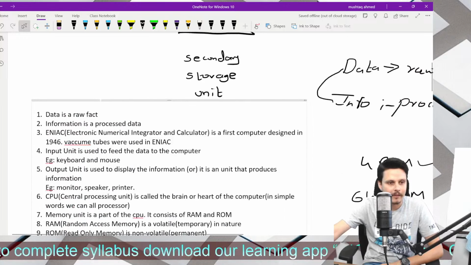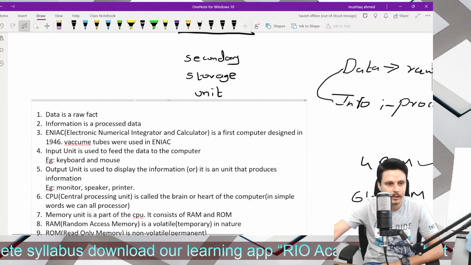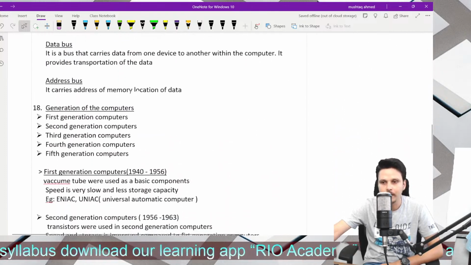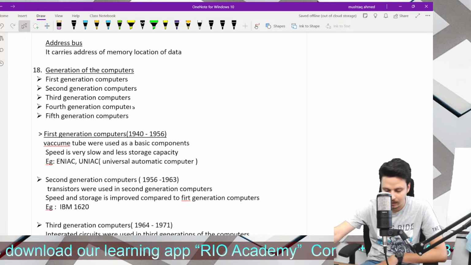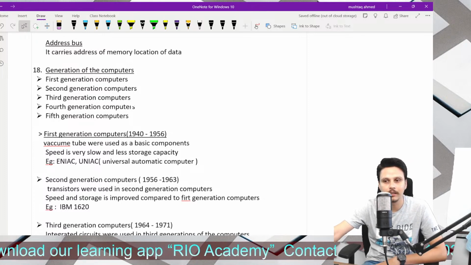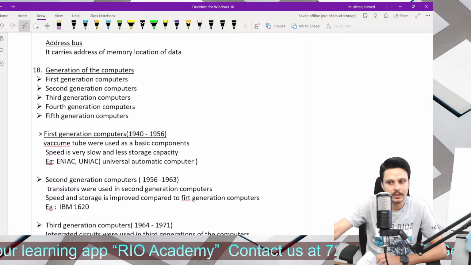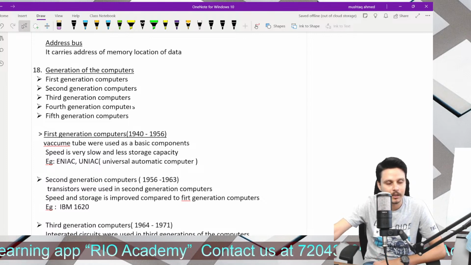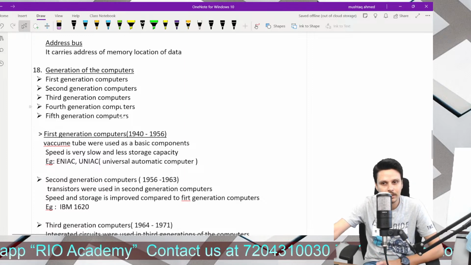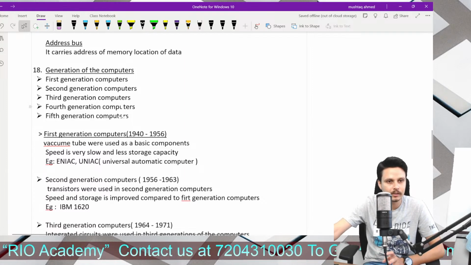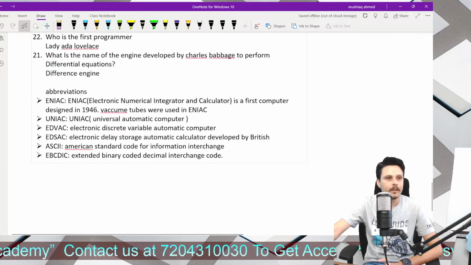In the next class, I will give you questions related to these concepts along with options, and move on to bits, bytes and conversions. Those conversions are very important, like binary to hexadecimal and hexadecimal to octal. You will get at least 2 or 3 questions from those conversions. Okay, thank you.